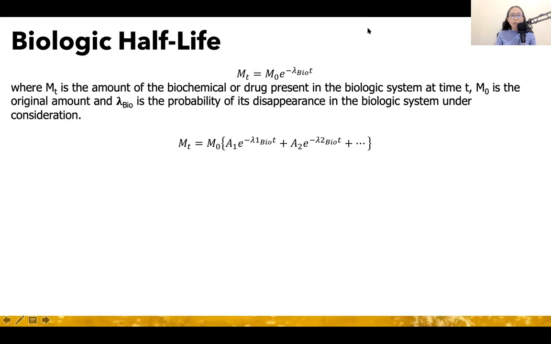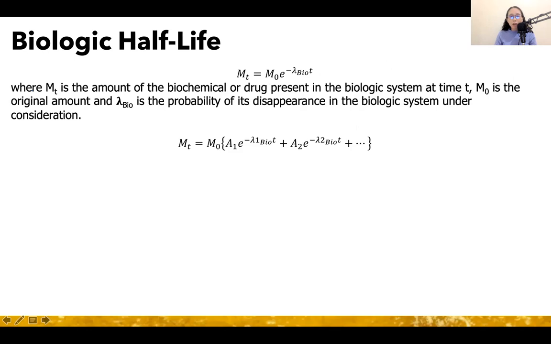Next, we also have what we call the biologic half-life. So the biologic half-life is expressed using this equation, which is similar to our law of decay. So we saw the equation N sub t equals N sub 0 times e raised to negative lambda times t.